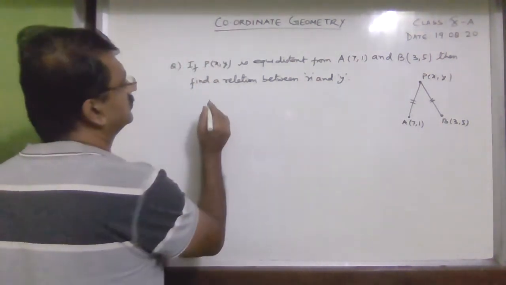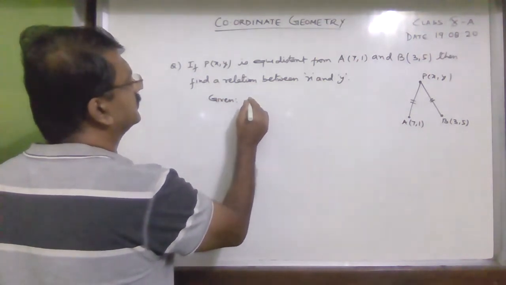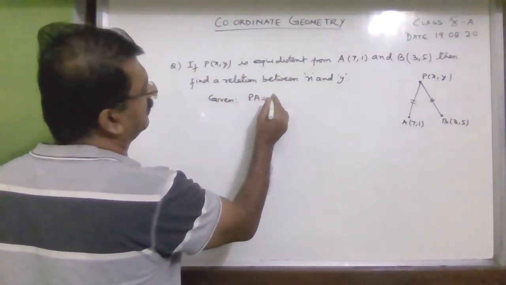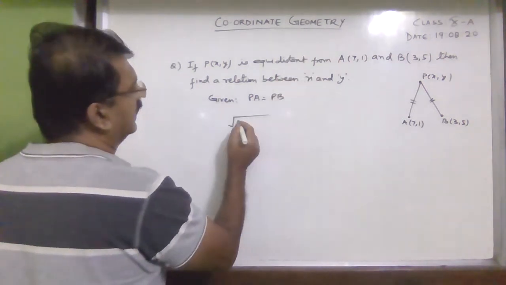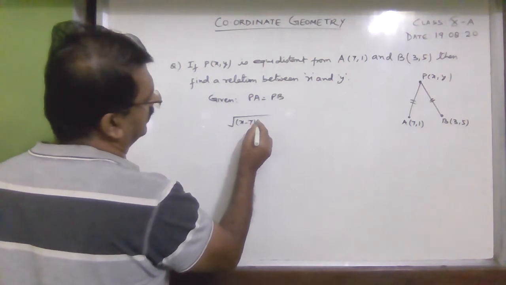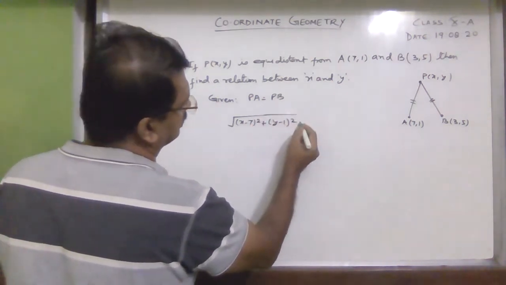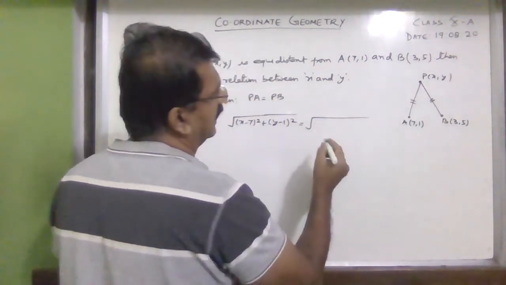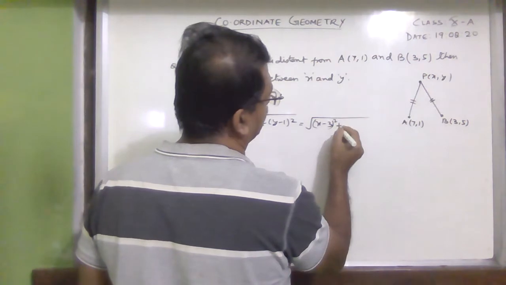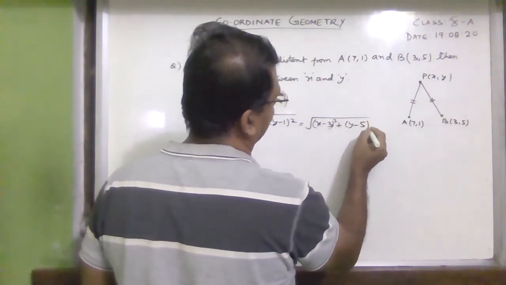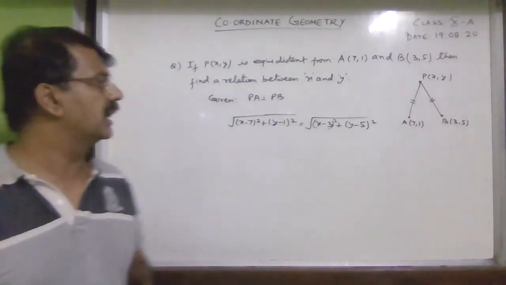Now see, given PA is equal to PB means under root x minus 7 whole square plus y minus 1 whole square, and PB is under root x minus 3 whole square plus y minus 5 whole square. Okay, we have applied the distance formula.